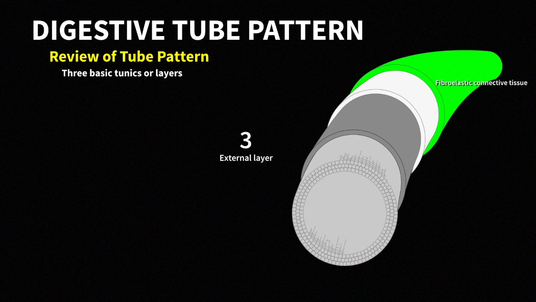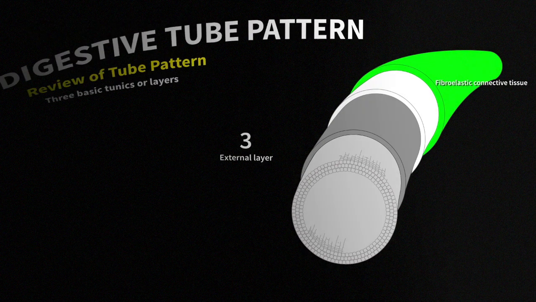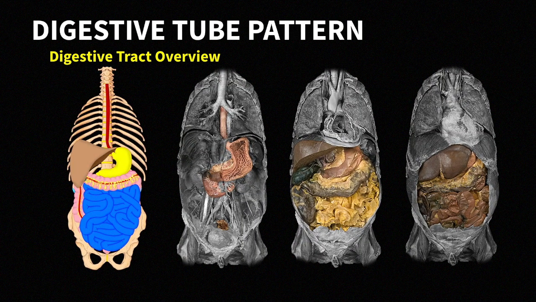All tubes in the body follow this basic pattern, which we will now apply to the anatomy of the digestive system. Let's begin with an overview of the tubes of the digestive system.